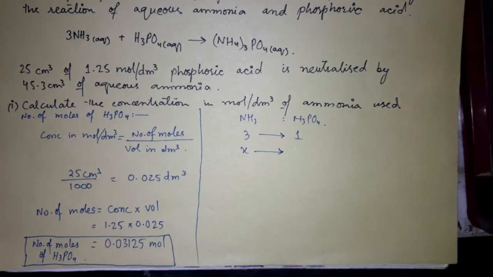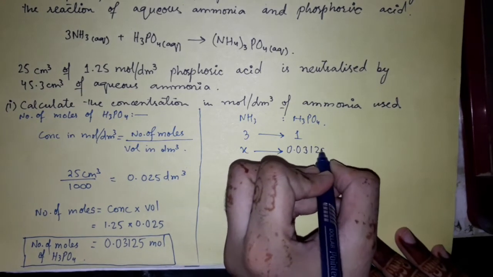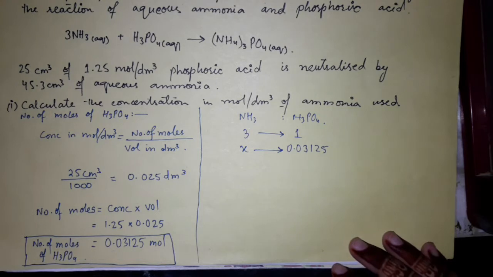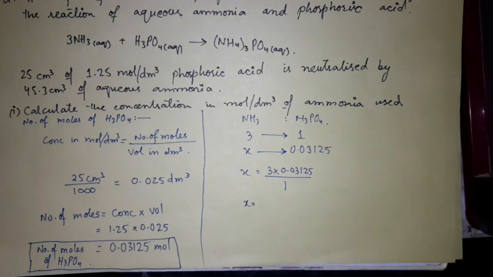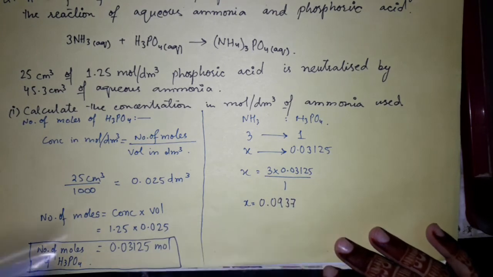So how many moles of ammonia react with 0.03125 moles? We are going to cross multiply and then we will get the answer of x. The answer that we get is 0.09375. This is the number of moles of ammonia used.